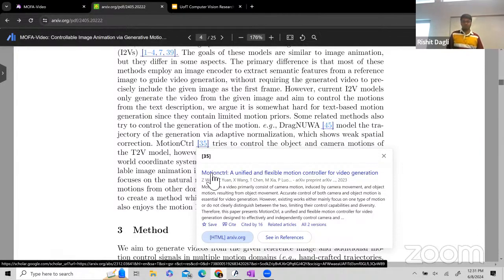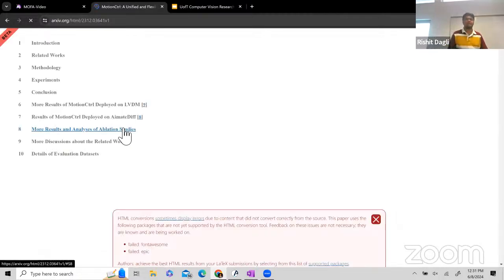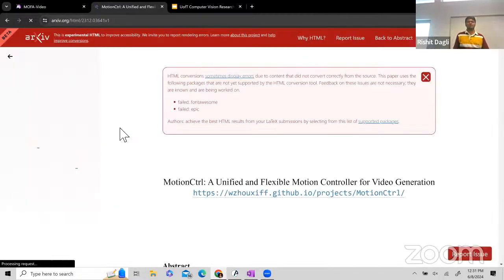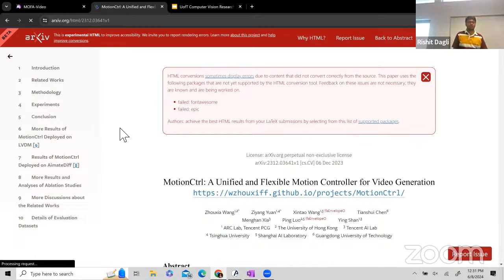But it is hard for the video generation process because there is no world coordinate system. I'll use a very simple analogy here. Say you are moving and there is someone on the moon watching you. They are watching you moving and how the Earth is also moving. So this is like a world coordinate system.